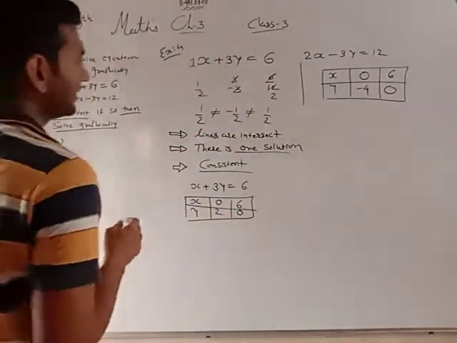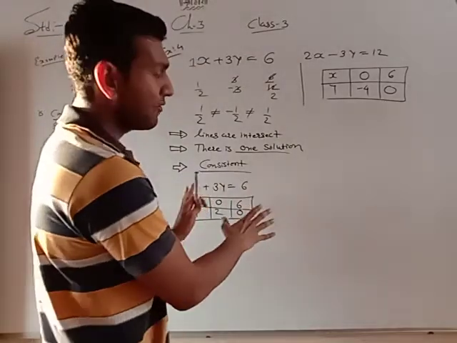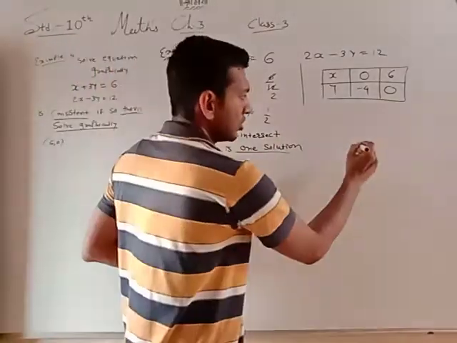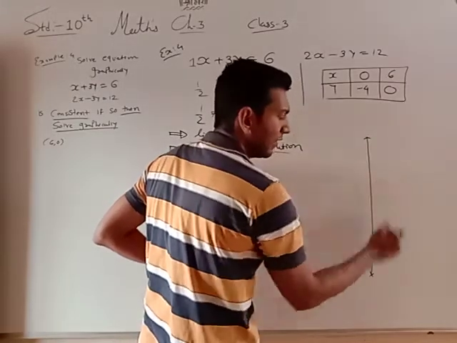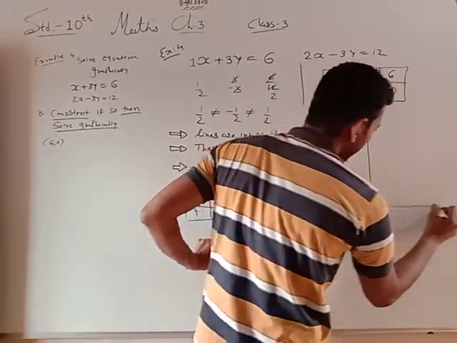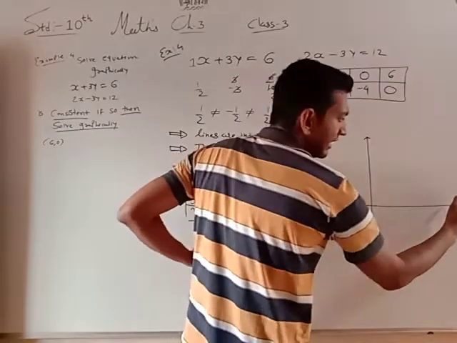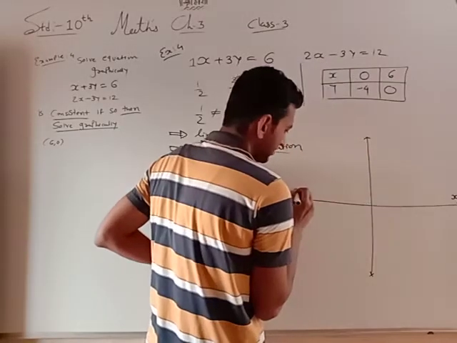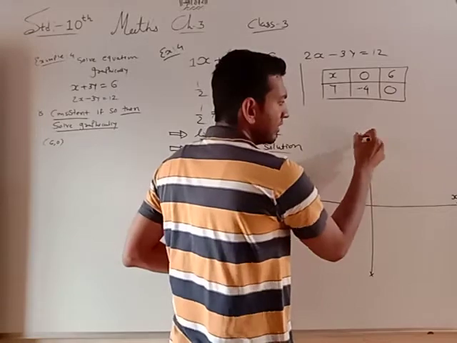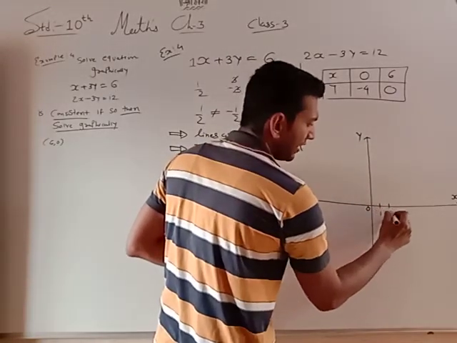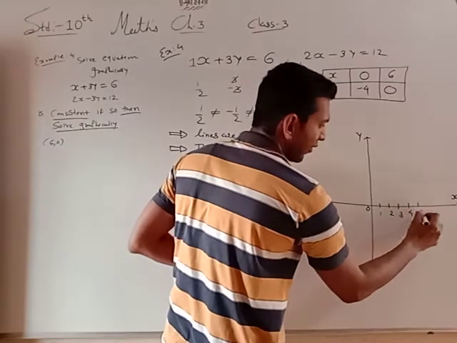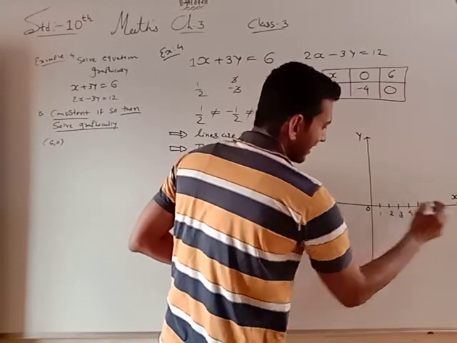Now for a graph I want only solutions. So this one is my y-axis. It is a vertical line. This one is a horizontal line. This end is x, this one is x prime. Y prime: 0, 1, 2, 3, 4, 5, 6, 7.